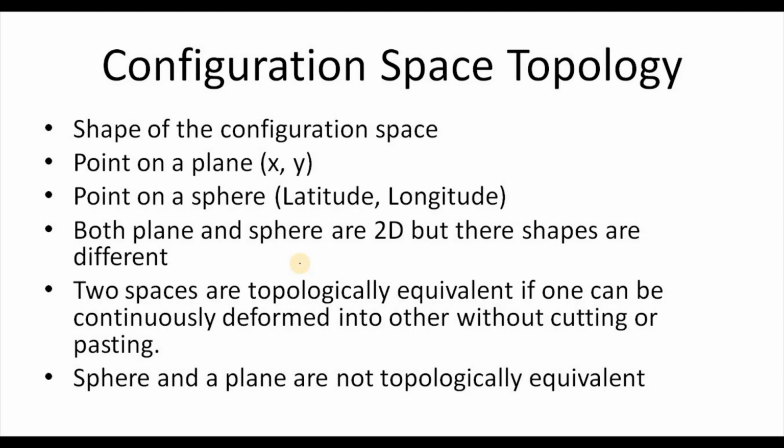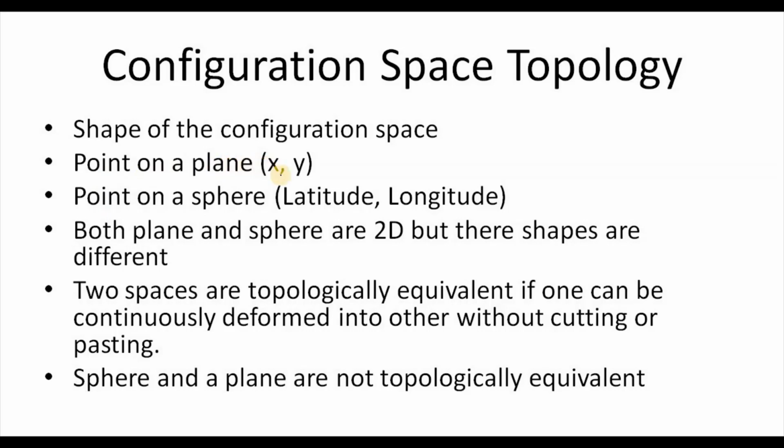Topology means shape of the configuration space. Here we shall see, for different types of mechanisms and different kinds of configurations, what is the shape of the configuration space.